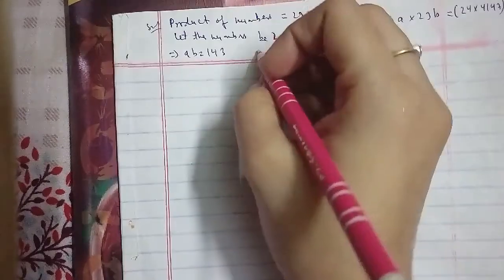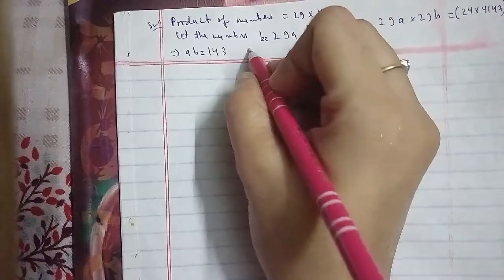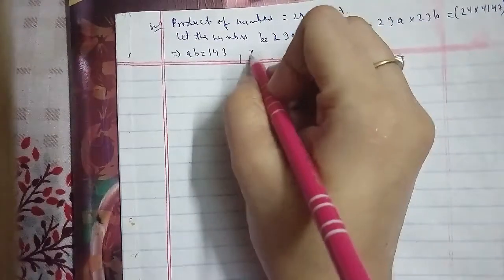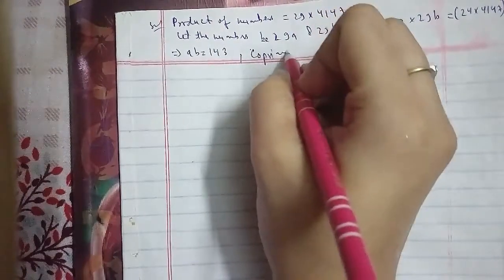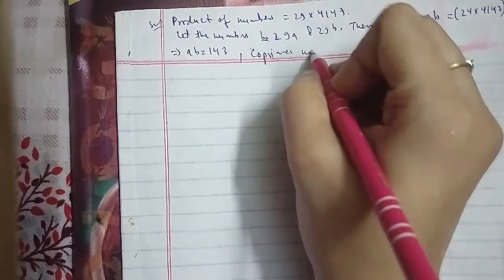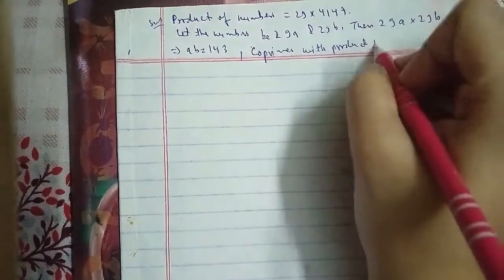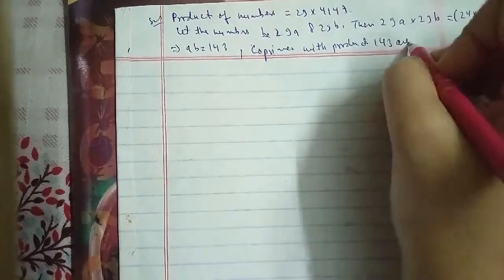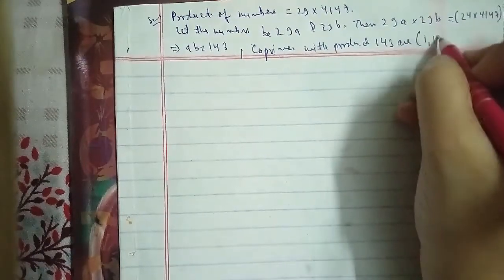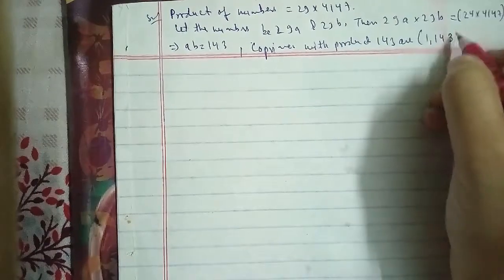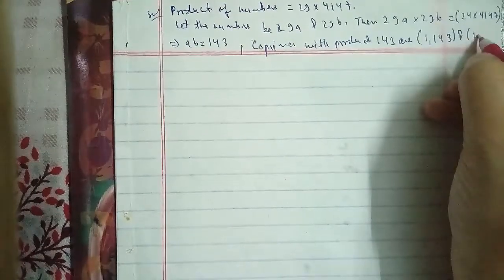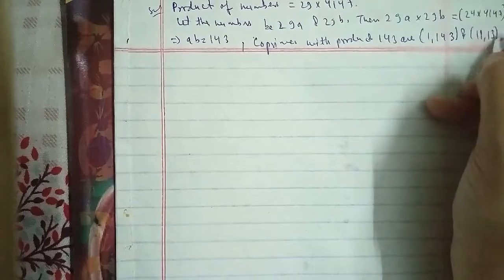Now the co-primes with product 143 are 1 comma 143 and 11 comma 13.